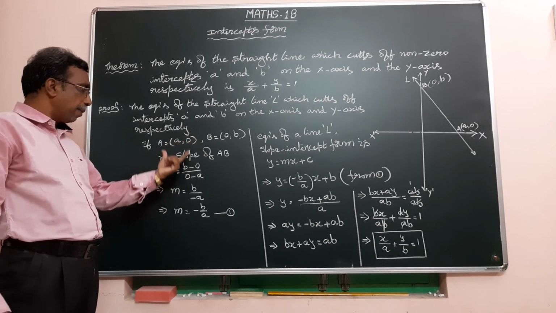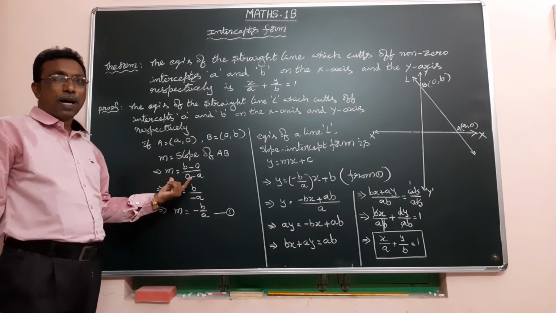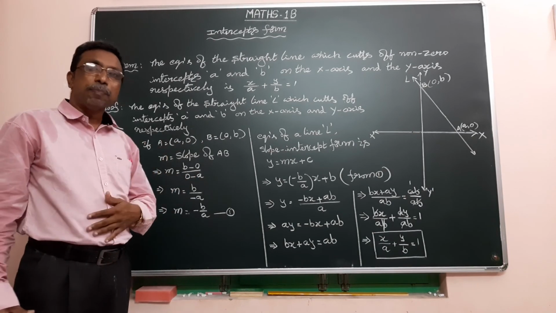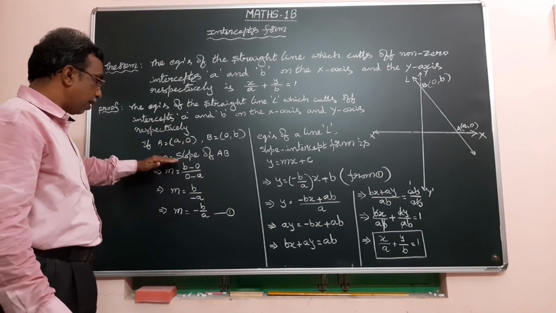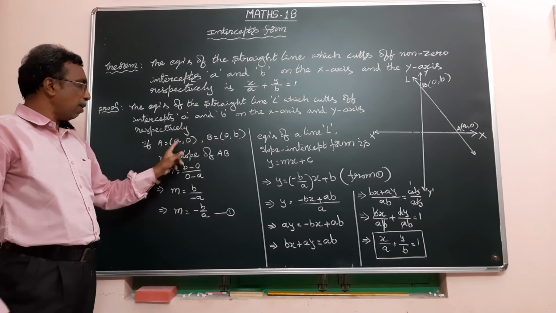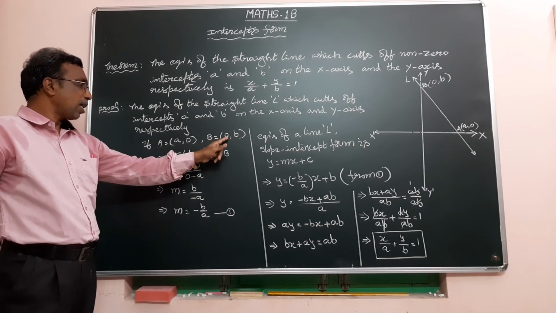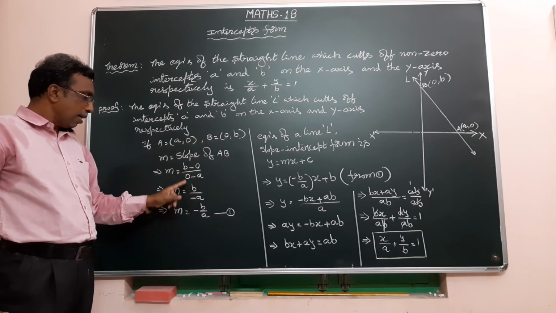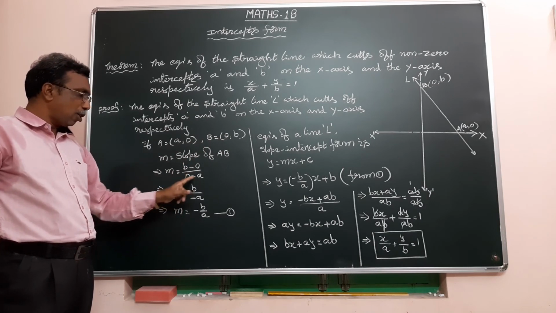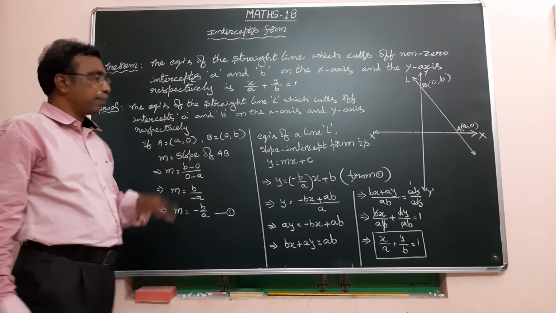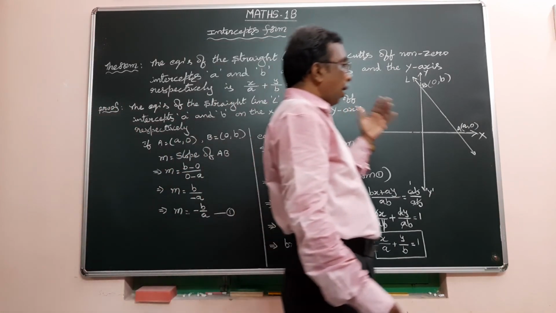Slope of AB, by using the formula y2 minus y1 by x2 minus x1: b minus 0 by 0 minus a. This is m.